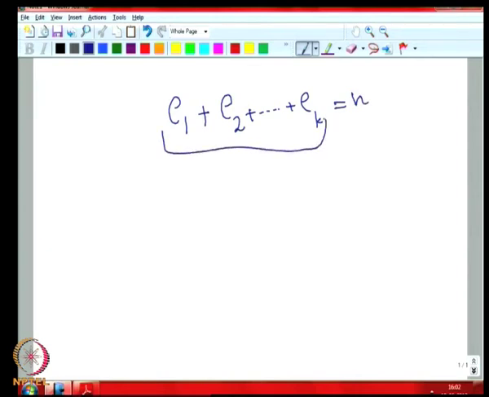The basic condition is that E1, E2, ..., Ek are non-negative integers, right. But we may have extra conditions like E1 has to be an odd number or E2 has to be an even number, and such conditions are possible, and also we can restrict the values that an Ei can take. Several such conditions are possible, right.